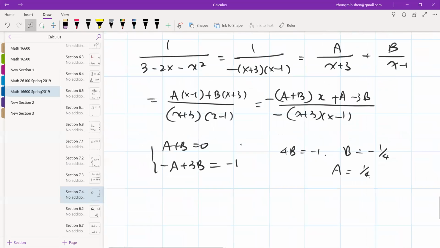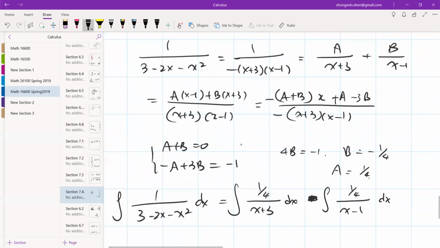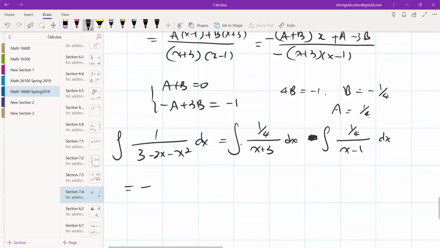So now you can get the integral. It's going to be a quarter of 1 over x plus 3 dx, and negative a quarter of 1 over x minus 1 dx. So you will get natural log of x plus 3 minus natural log of x minus 1.